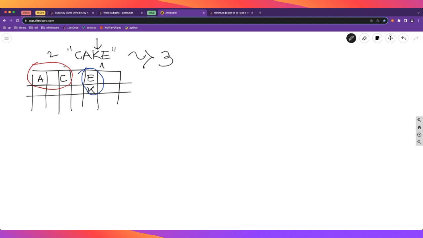It doesn't matter all the combinations of finger 1 or finger 2. You only care about where your fingers are located at this point.